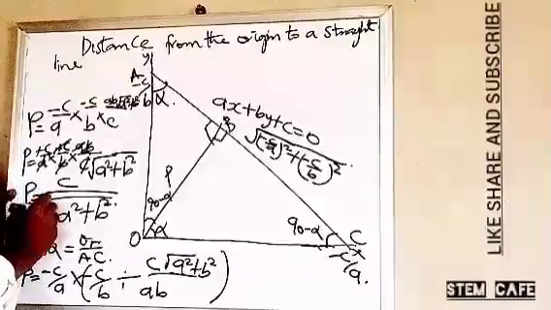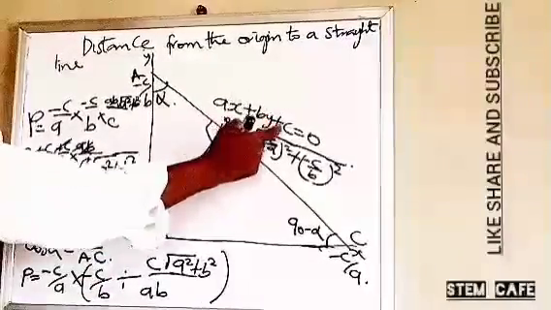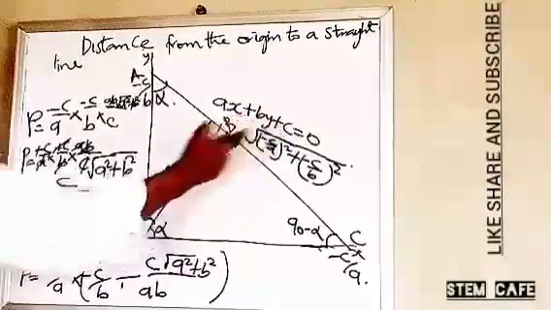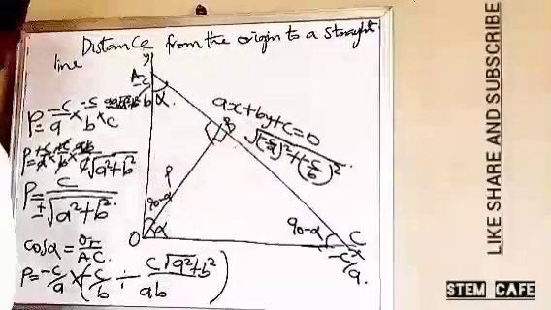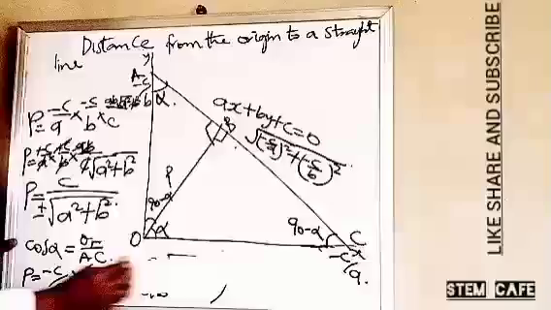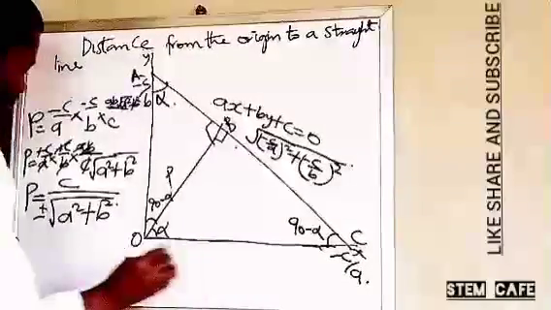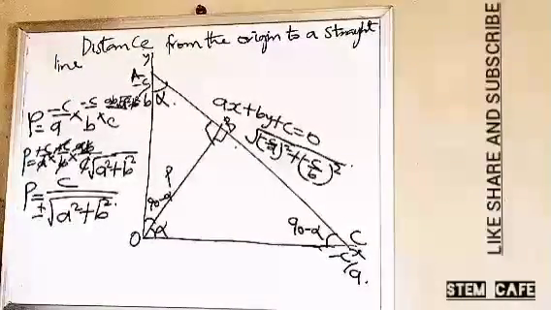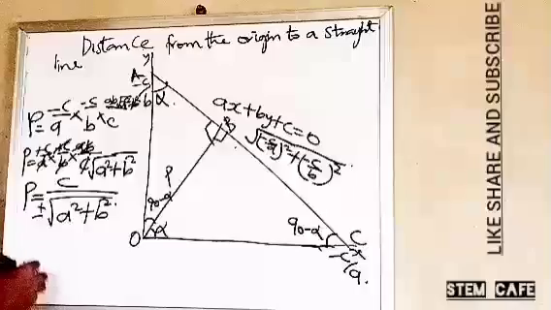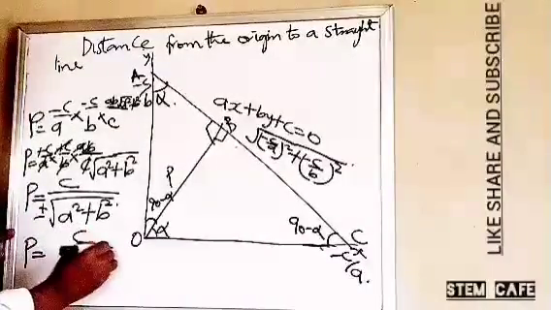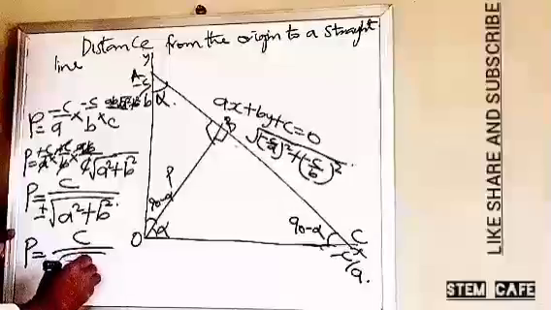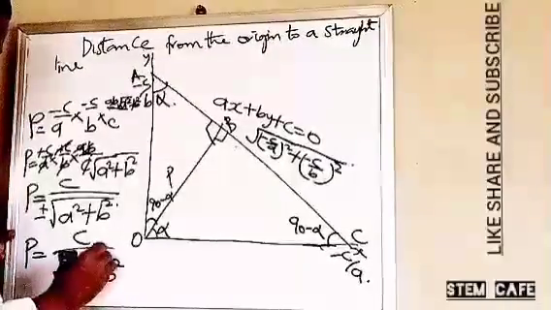This one will be positive or negative depending on the sign that precedes C. If the sign is negative, you pick negative. If the sign is positive, you pick positive. So at the end of the day, because it is distance, P should be equal to C over the square root of A squared plus B squared.